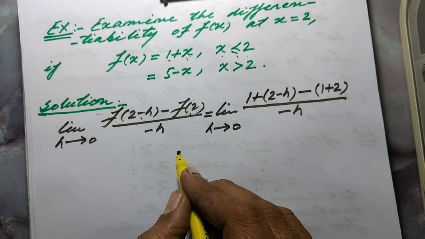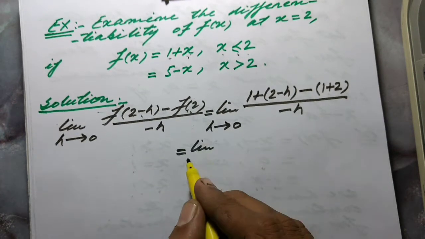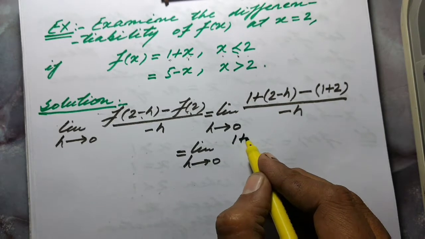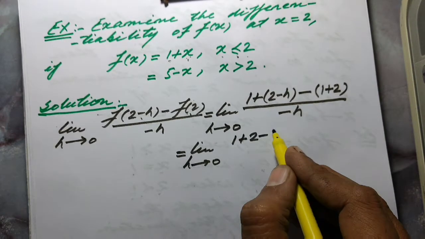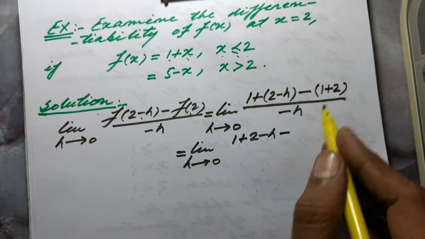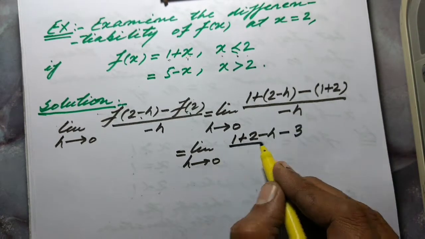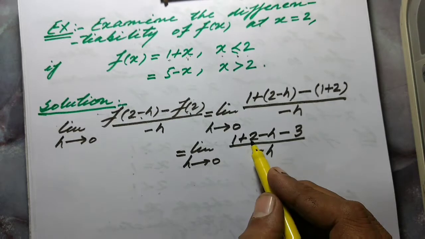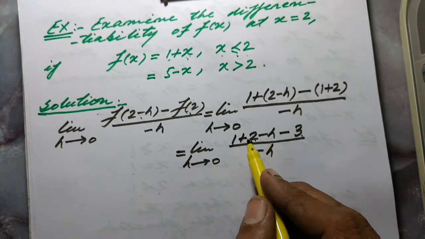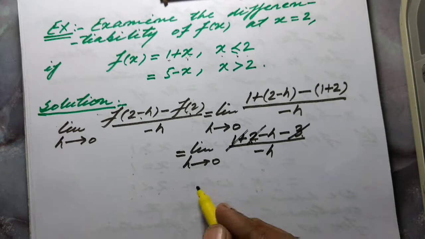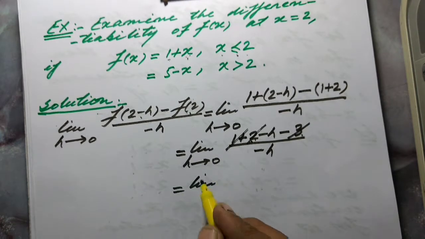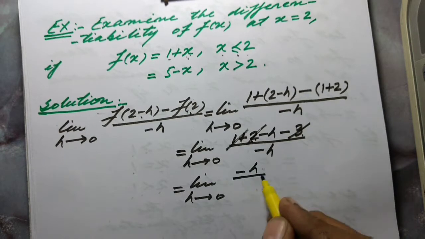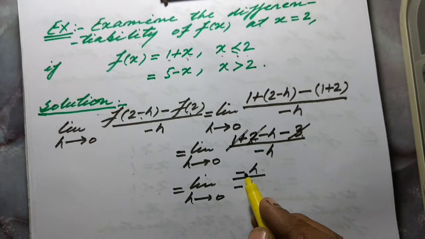So let us simplify. Limit h tends to 0 of 1 plus 2 minus h minus 3 upon minus h. See, 1 plus 2 is 3, and positive 3 and negative 3 cancel each other, and we have limit h tends to 0 of minus h upon minus h.